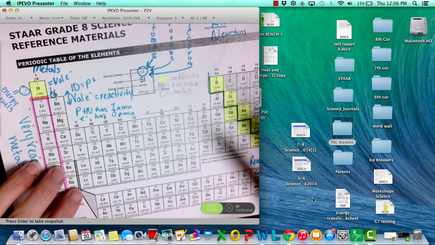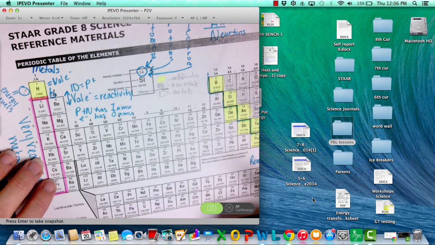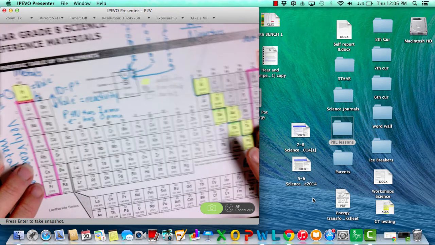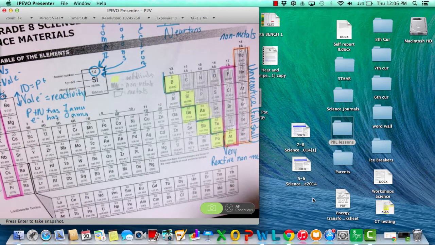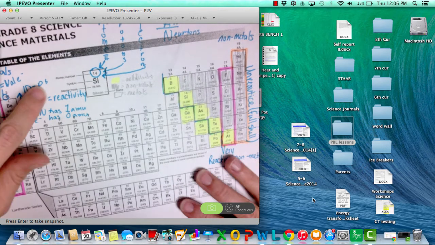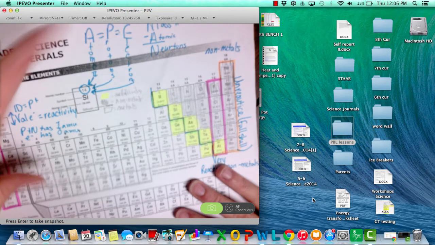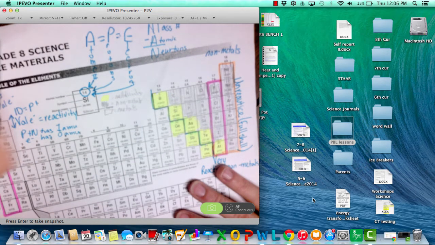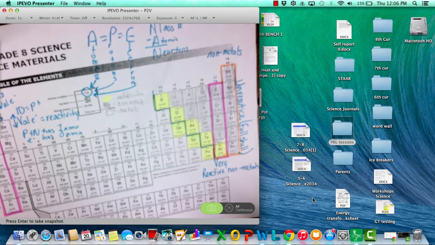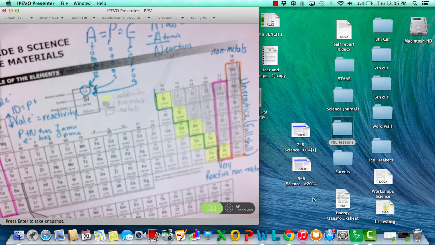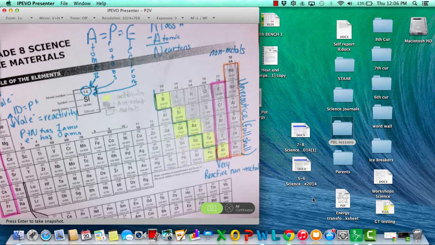Identify your metals, nonmetals, metalloids. Know your groups as group 1, very reactive, group 17, very reactive, group 18, unreactive. Valence electrons determine reactivity. Number of protons determines identity. Bohr models and how to figure it out. And that group number tells you valence electrons and period number tells you energy levels.